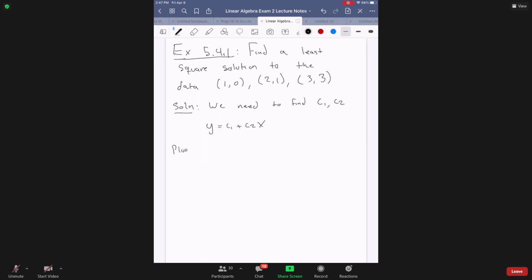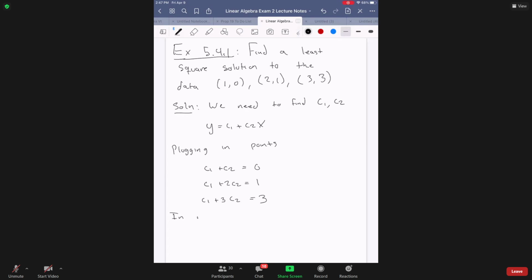Plugging in the points, we get the equations C1 plus C2 is equal to 0, C1 plus 2C2 is equal to 1, and C1 plus 3C2 is equal to 3.